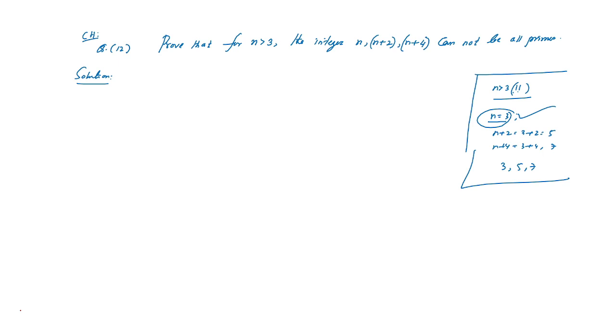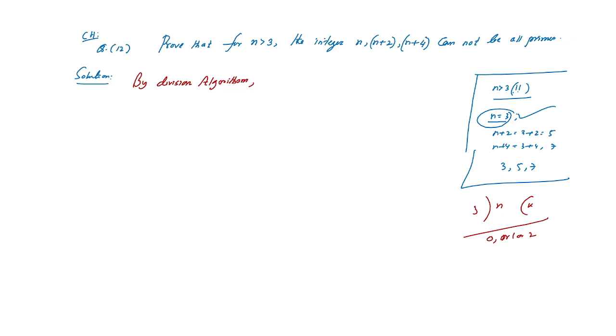The solution is, by division algorithm, if we divide an integer n by 3, what will be the remainder? It will be 0 or 1 or 2.